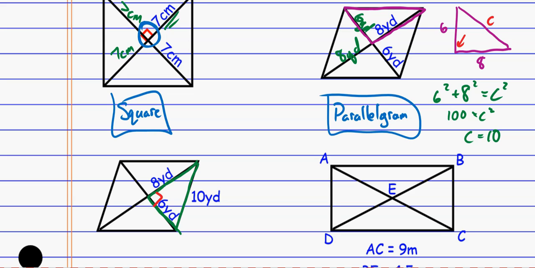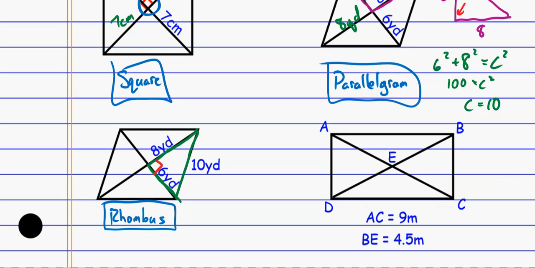And so now I can see that the diagonals are perpendicular, so now I could call this one a rhombus. It's just a matter of determining what information I need to say that this thing is a rhombus versus a parallelogram. And in this case, I have what I need.